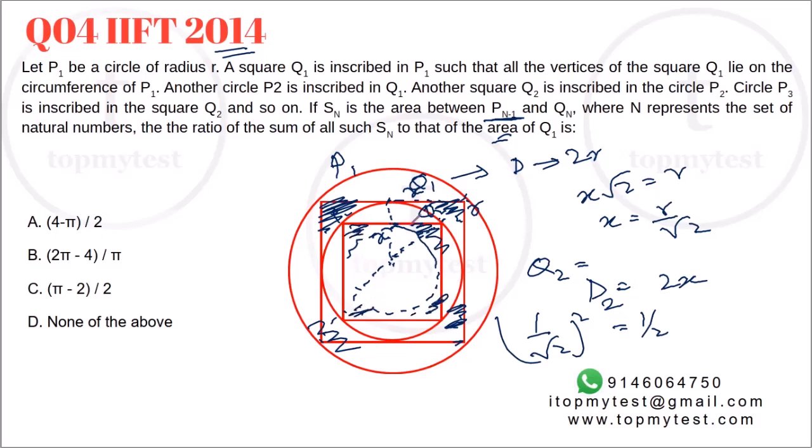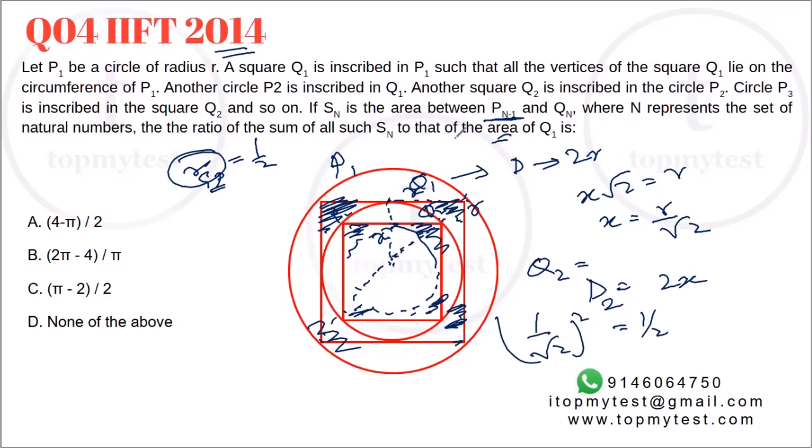Even this area will be a factor of half. If I find the very first area, the next area will be half of it, and the next will be half of the previous area. So the common ratio of this geometric progression is half.